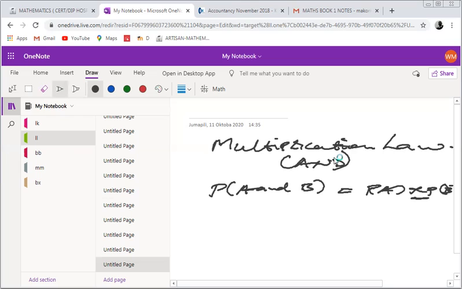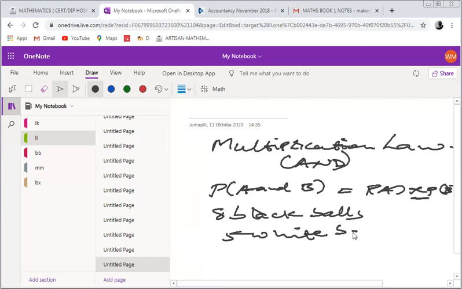So for example, you are given a question like this. It is a bag that has 8 black balls and 5 white balls.